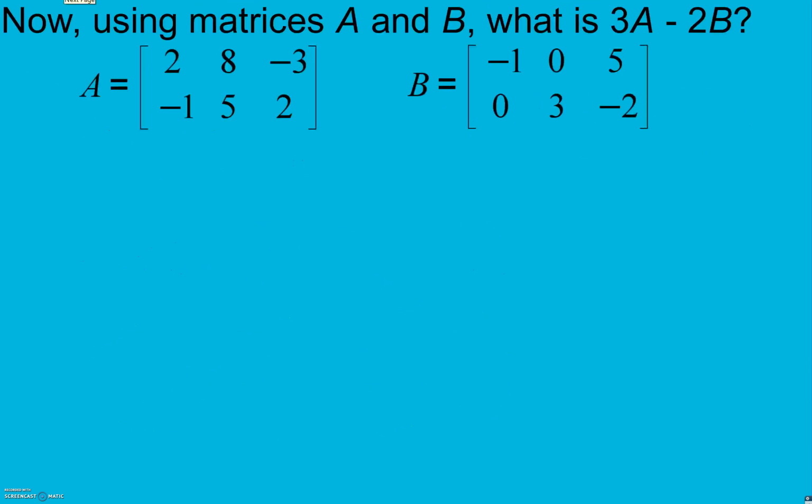Now, using matrices A and B, what is 3 times matrix A minus 2 times matrix B? Again, I'm going to take 3 times matrix A, which means I multiply every element by 3. I need to take 2 times matrix B. I'm going to multiply every element by 2.